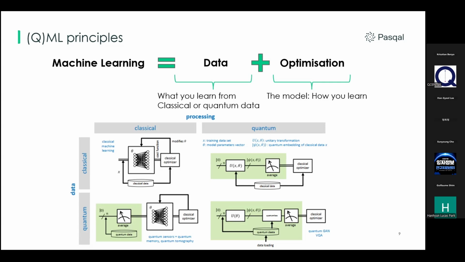So it's interesting and important to keep in mind that even with the most quantum version of a quantum machine learning process, there is still a classical component involved in the optimization cycle.